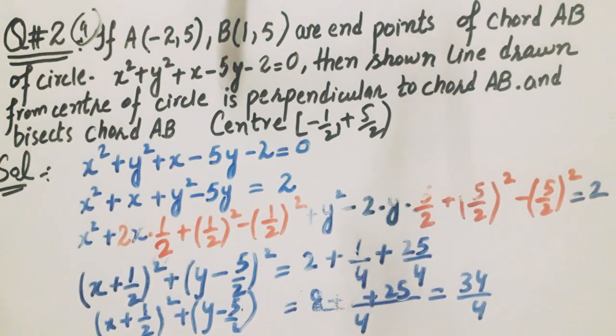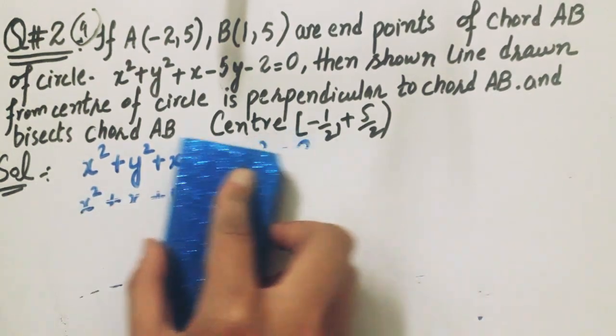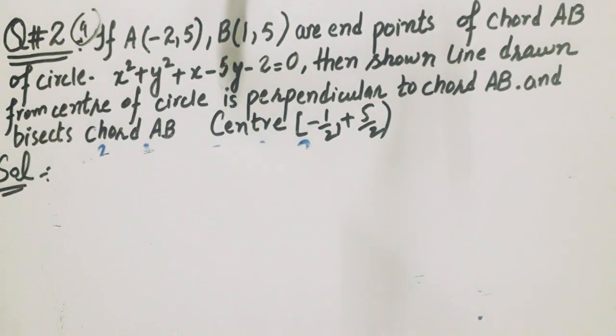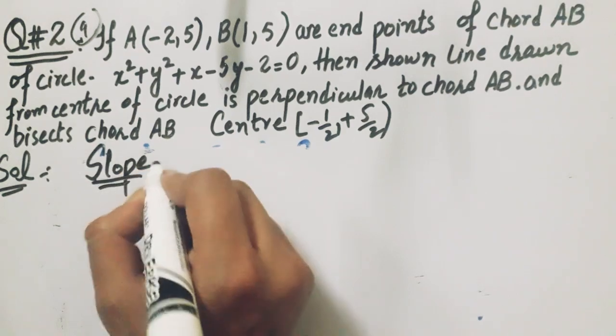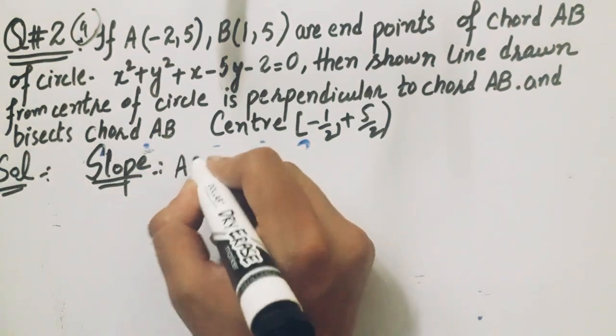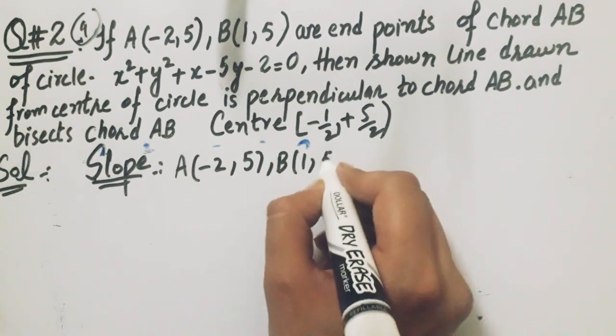Now we will find the slope. So the next step is find the slope. So formula for slope for the points A is minus 2 and 5 and B is 1 and 5.